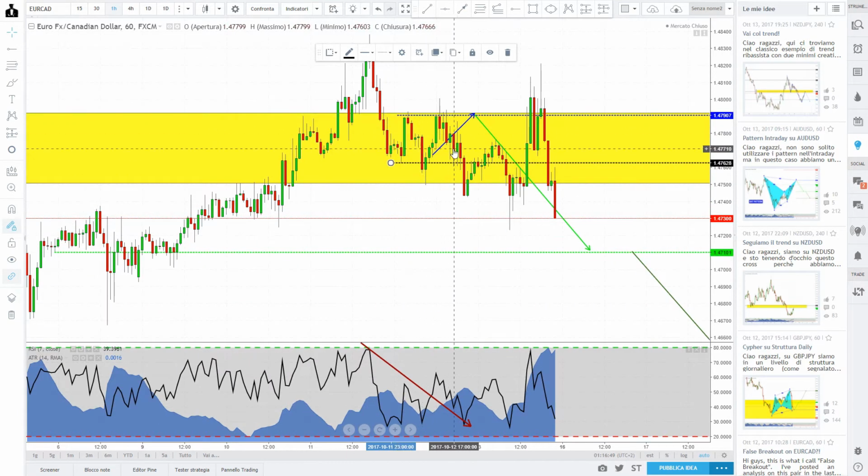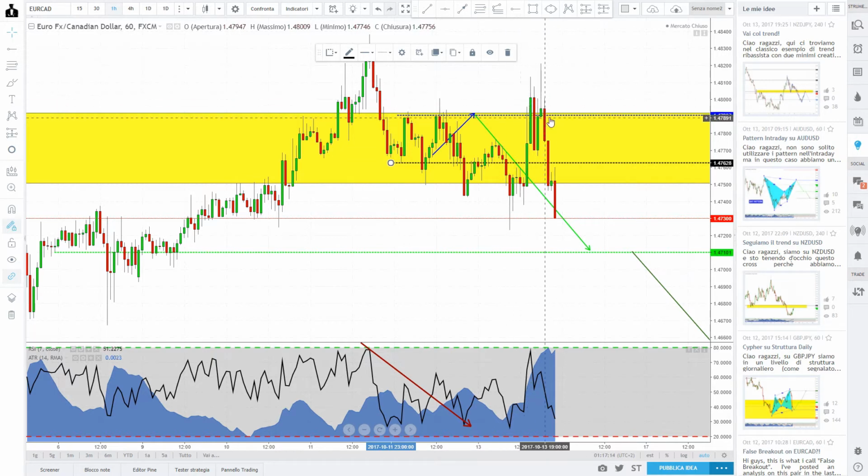Price immediately fell off a cliff. It went right after the entry toward my targets, but it didn't actually touch them, and afterwards it came back, but I stayed on the trade because that was my plan.